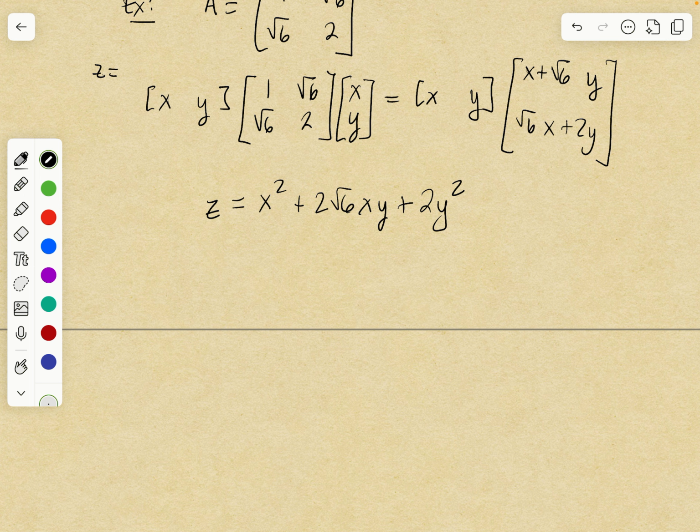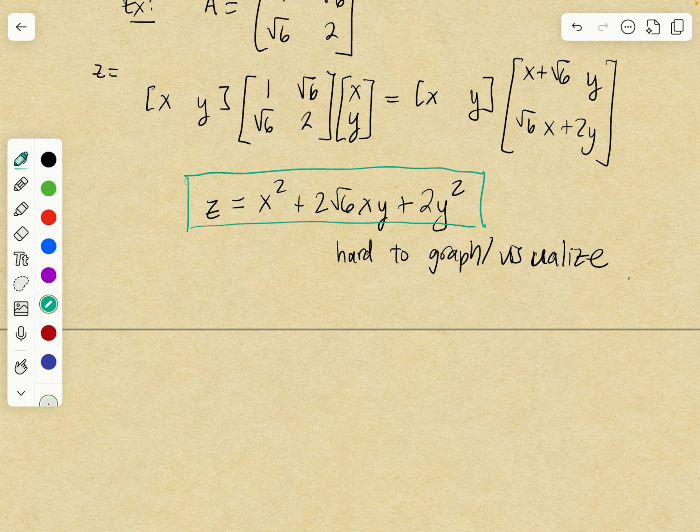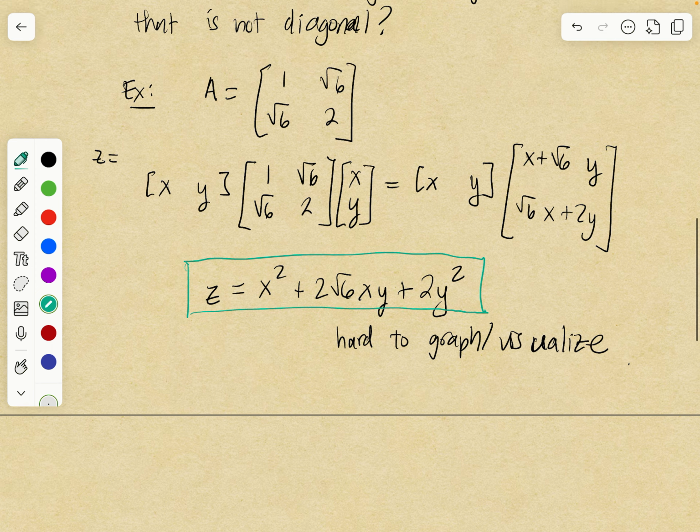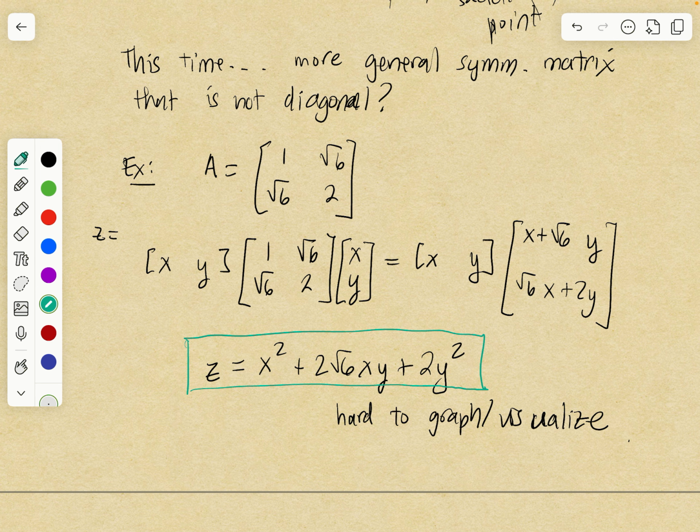Well, the problem with this is that it's hard to graph. It's hard to figure out what to do to graph this function. It's hard to graph and visualize when the function is written like this. To get a better handle on what the graph of this is, we can work with the matrix A. Do you remember what fact we have?